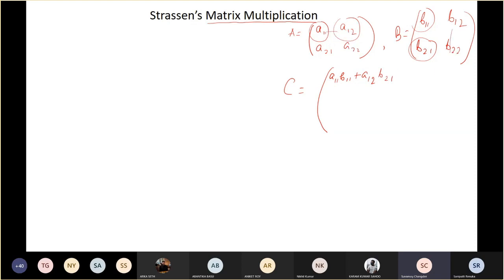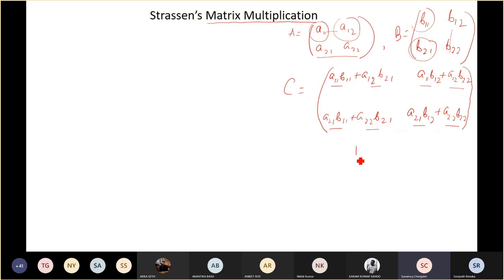Similarly, A11 B12 plus A12 B22. Then A21 B11 plus A22 B21, and then A21 B12 plus A22 B22. So how many multiplications do we require? We require 1, 2, 3, 4, 5, 6, 7, 8.